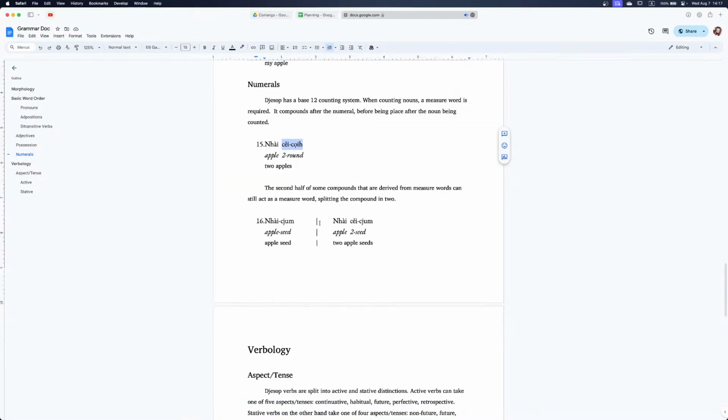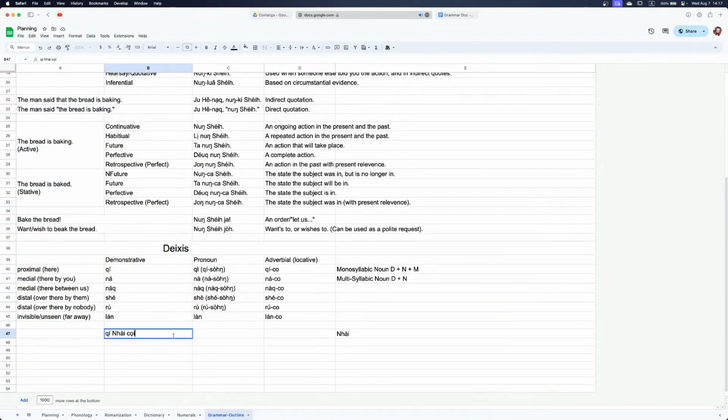I think that's the measure word for it. Oh, forgot the H. And this would compound. So qinai koi. This apple, literally this apple round object.